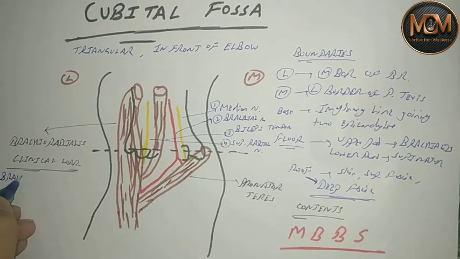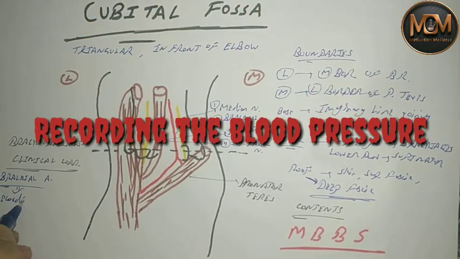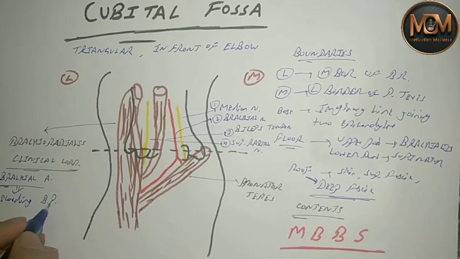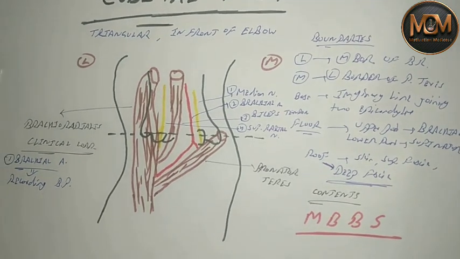This brachial artery is very important because it is used for recording blood pressure. Basically we put our stethoscope on the brachial artery to measure the blood pressure.